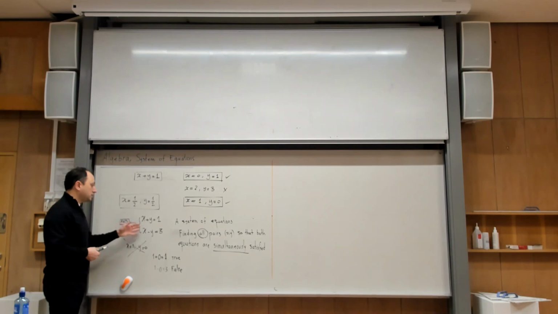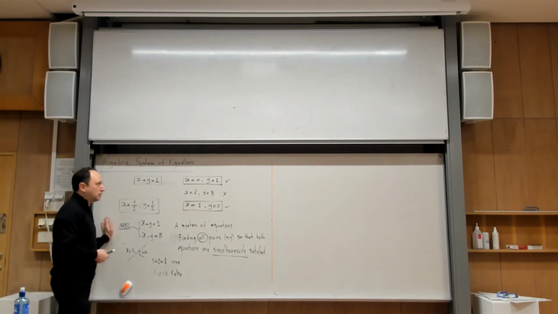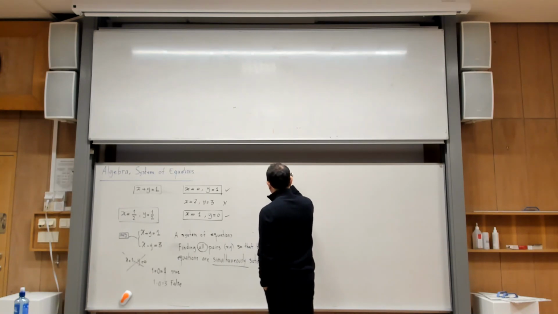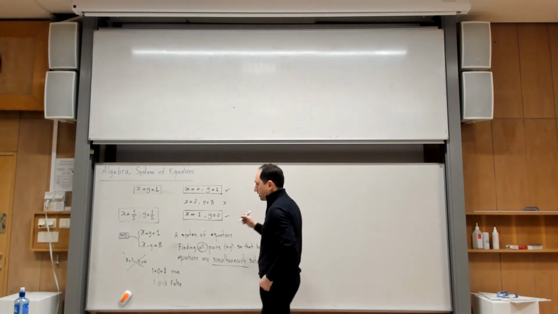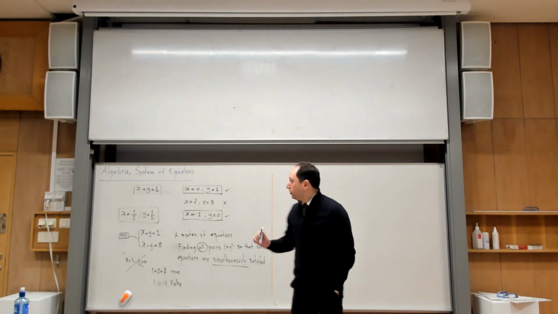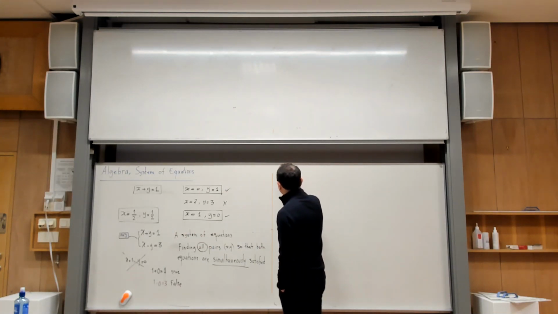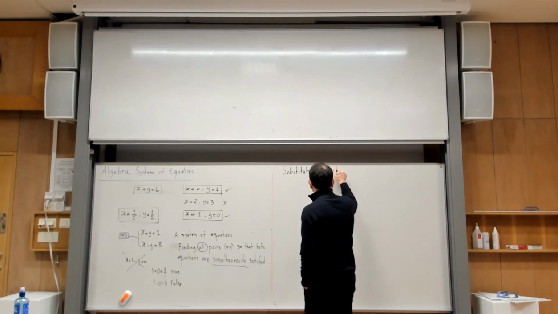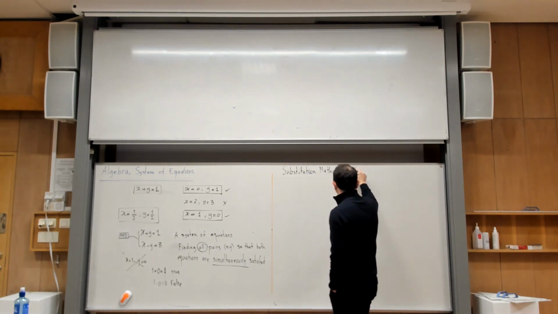to solve this system. And that one is called the substitution method. The most general strategy to tackle any kind of system is called the substitution method, or method of elimination.